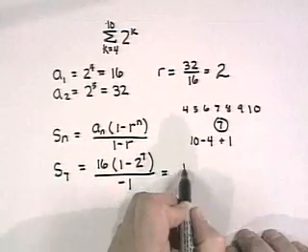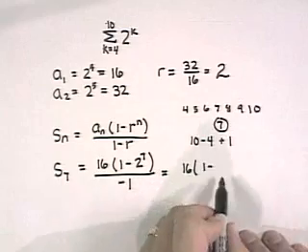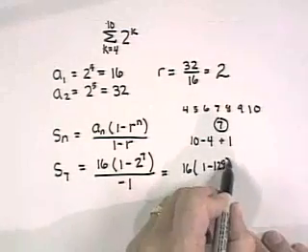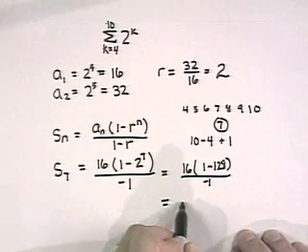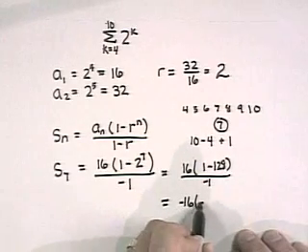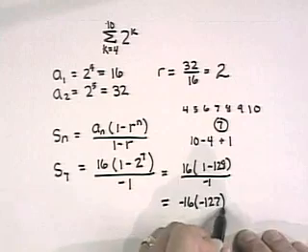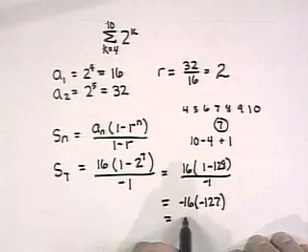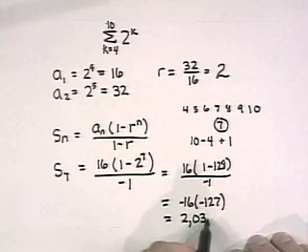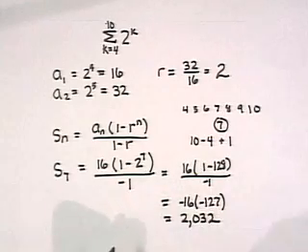Now we have 16 times 1 minus 128 over negative 1, which is negative 16 times negative 127, and negative 16 times negative 127 is 2032. Let's verify our result with the graphing calculator.